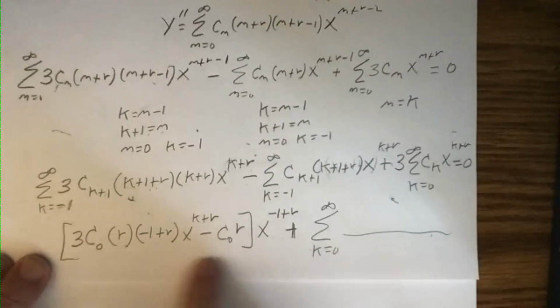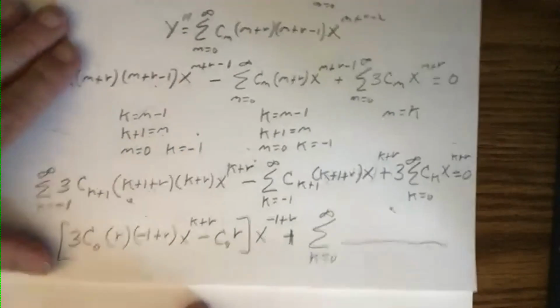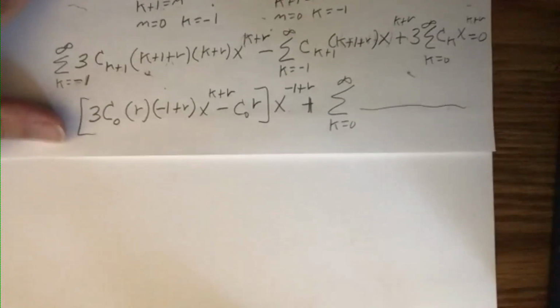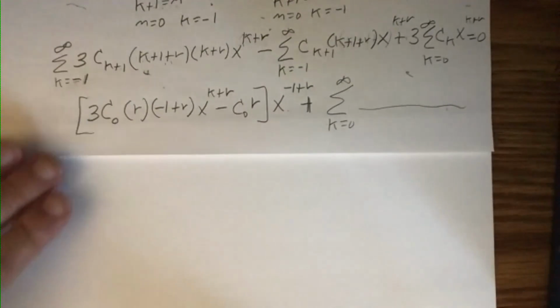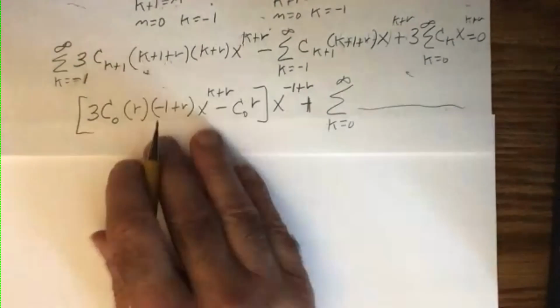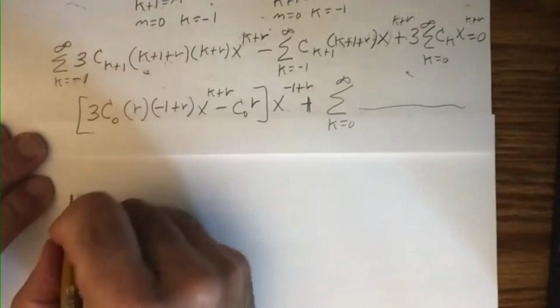This here now is going to give me my values of R, right? So I guess first, let me factor out a C0.